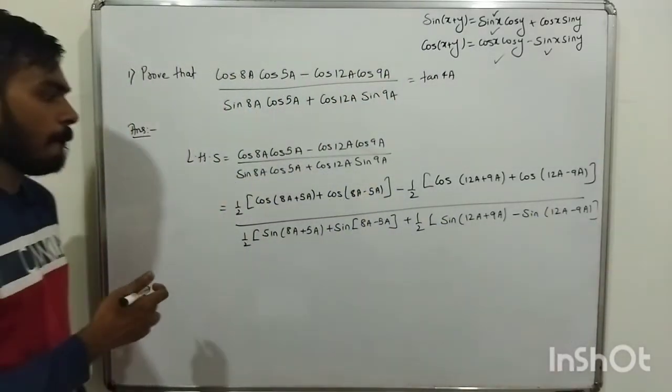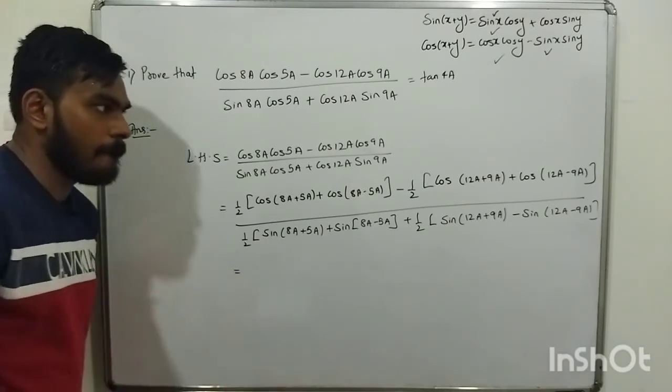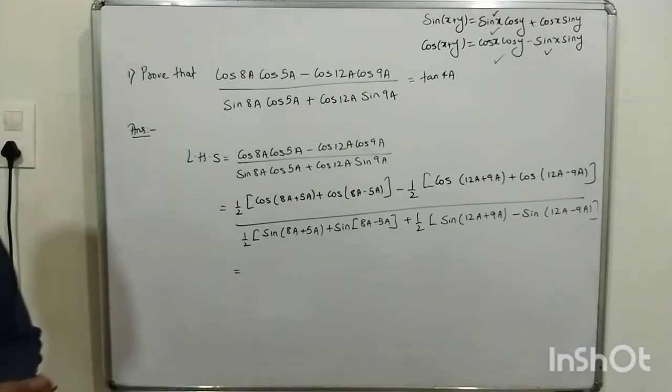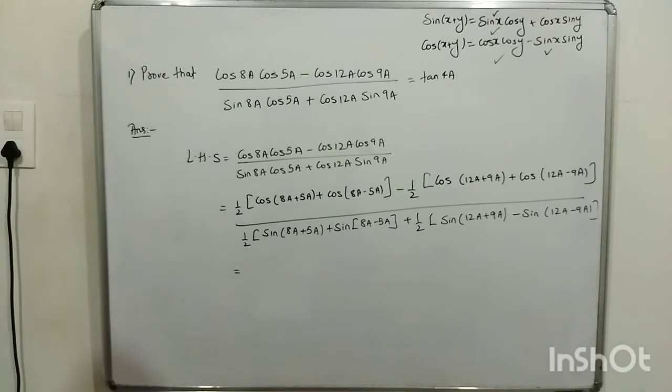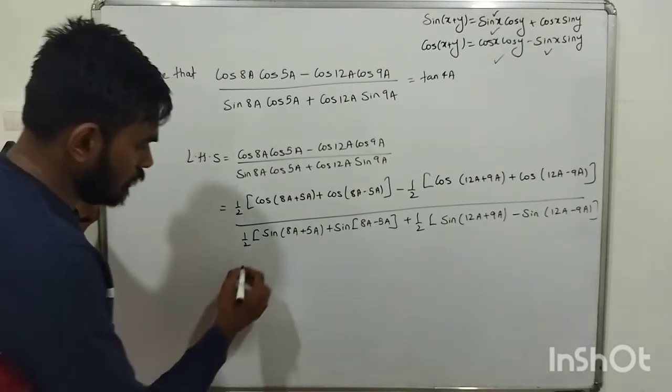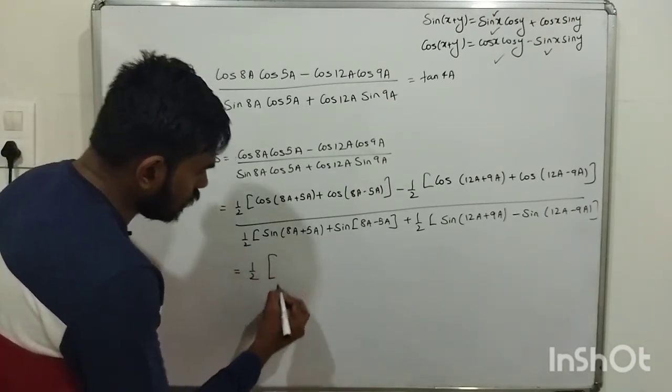Next, now just simplify this and see what you get. Half you can take common out if you want.